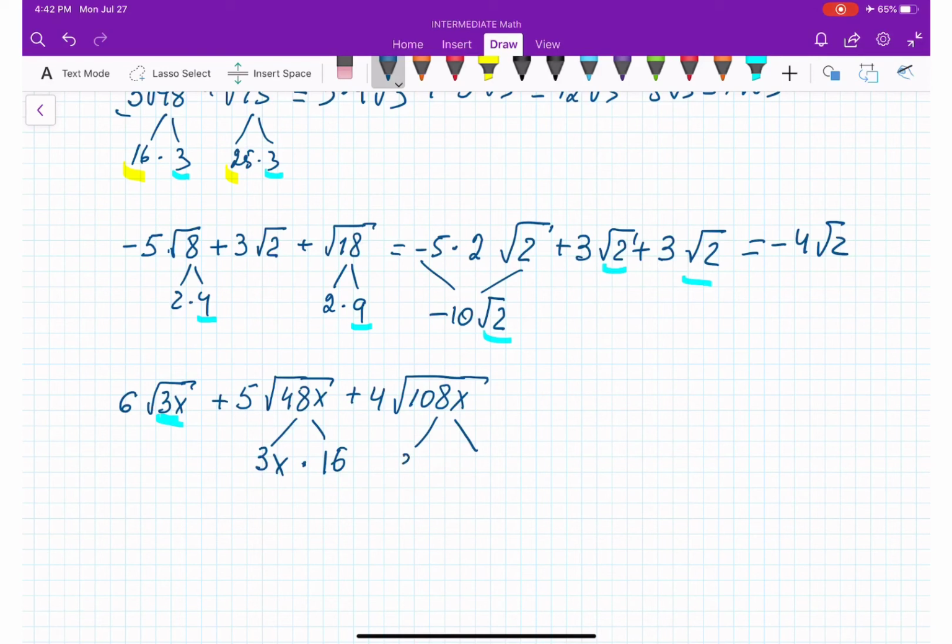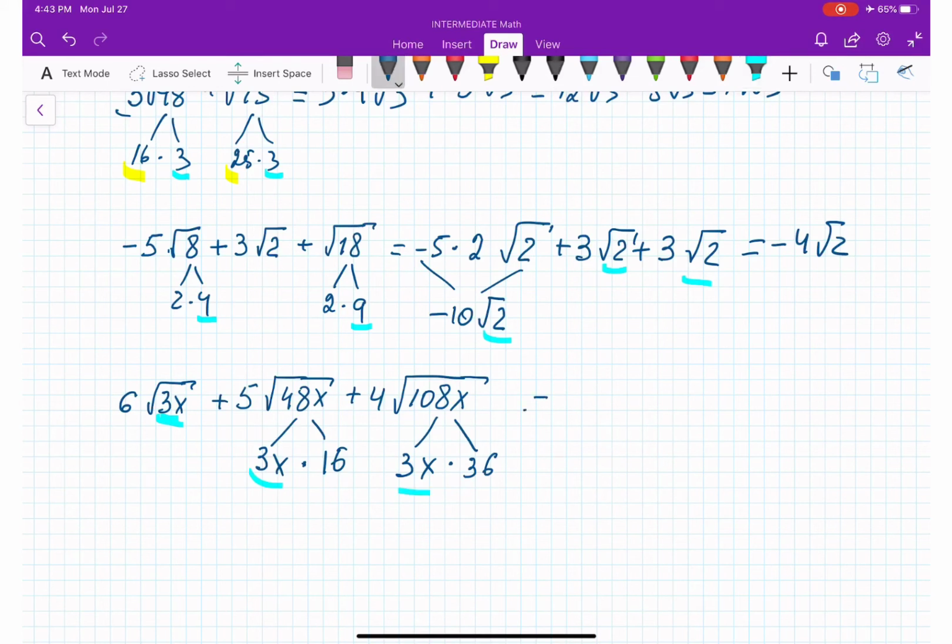108x. If I take 3x, what do I have to multiply 3x by to get 108? 18 divided by 3 is 6, times 6 is 36. Okay, we have square root of 36 also. And again, beautiful picture, 3x, and we have there 3x.